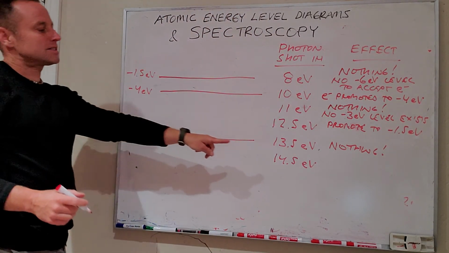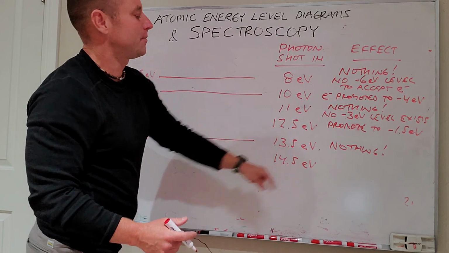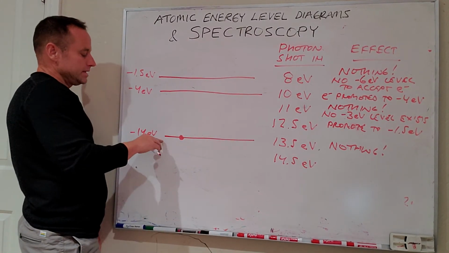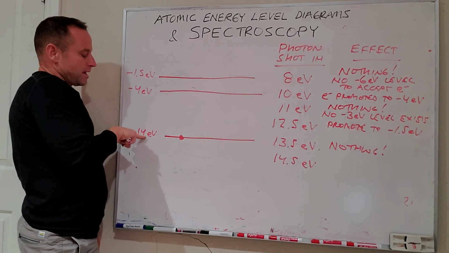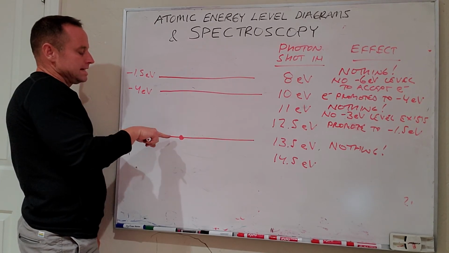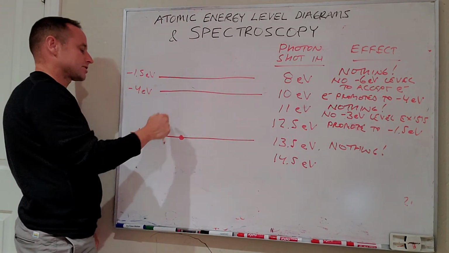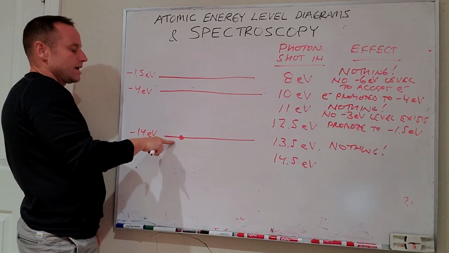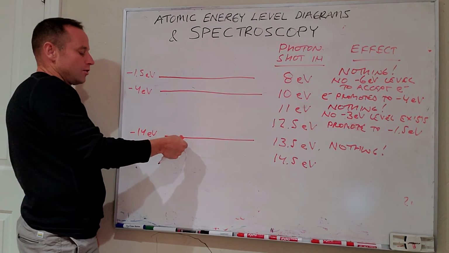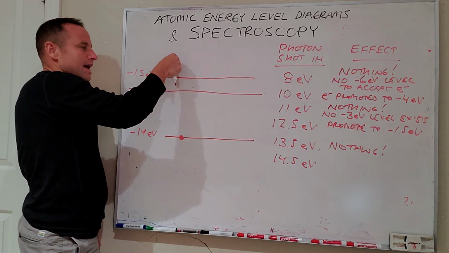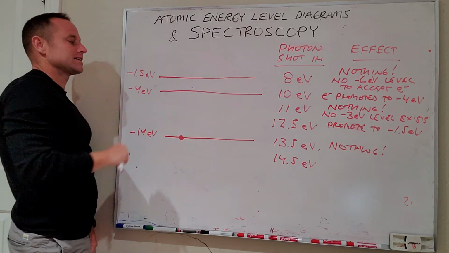All right, now here's something new. You come in with 14.5 eV. Well, the deal is this amount of energy is what's needed to get up to the 0 eV level, which is basically freeing the electron. And so the idea is to get this thing out, you would use 14 eV to get it out, and then any extra energy it can just express as kinetic.